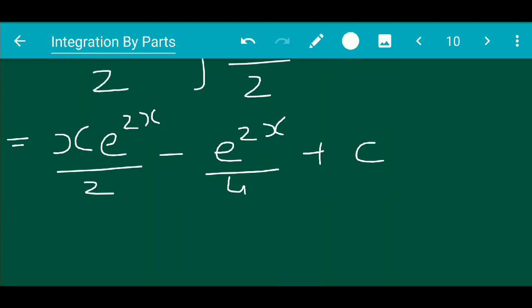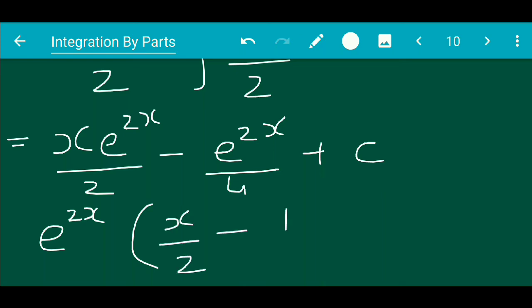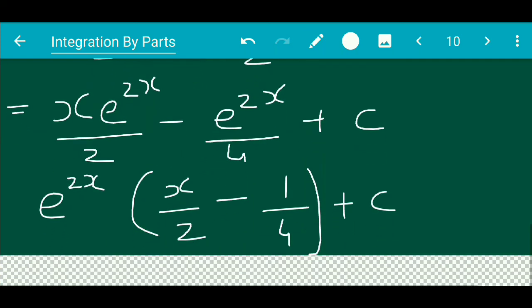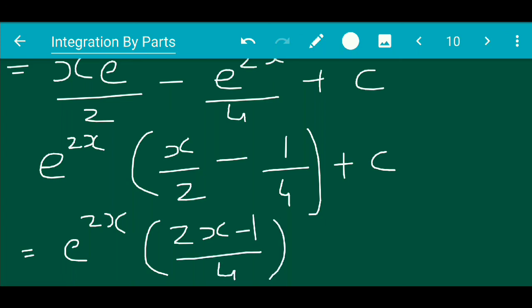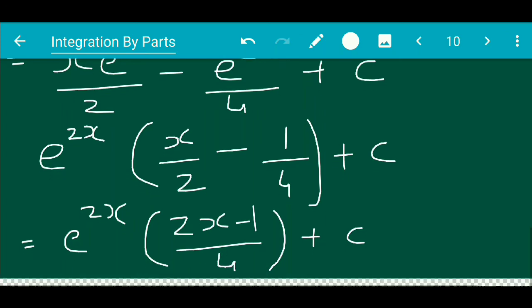Now upon taking e raised to 2x common outside the bracket, we get over here x upon 2 minus 1 upon 4, plus c. Now, upon equalizing the denominator in the bracket, we are getting e raised to 2x into (2x minus 1) upon 4, plus c. So this is the final answer.